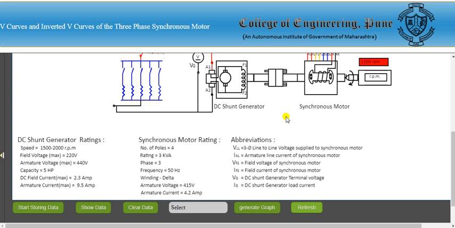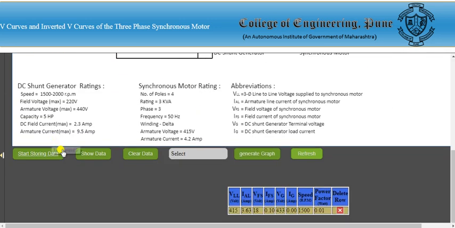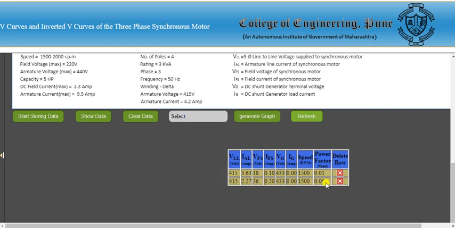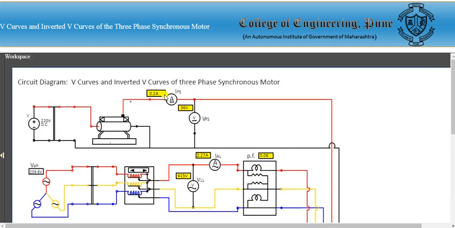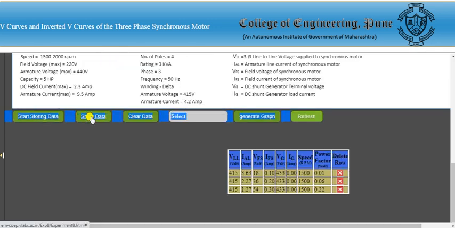Then we have to increase the value of current. Now it becomes 0.2 ampere. Again store data and show data. Now the power factor is 0.06. Then increase up to 0.3 ampere, store data, show data.